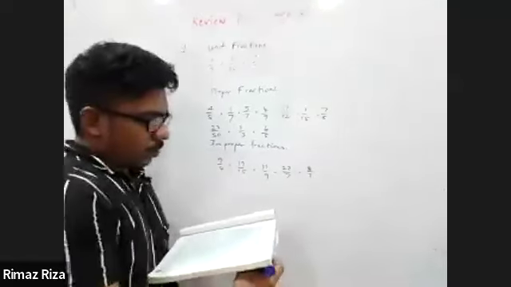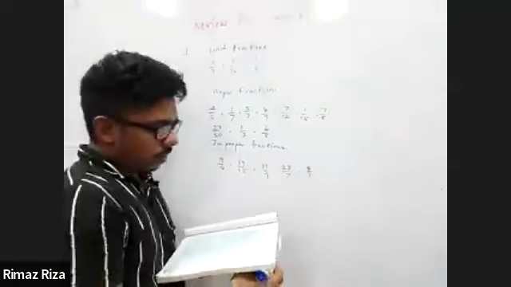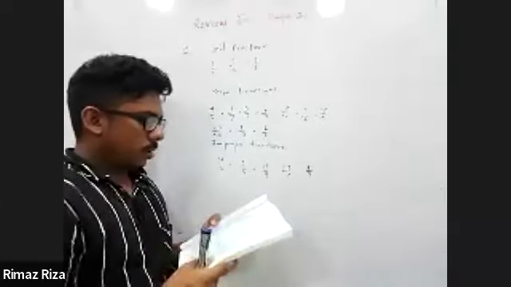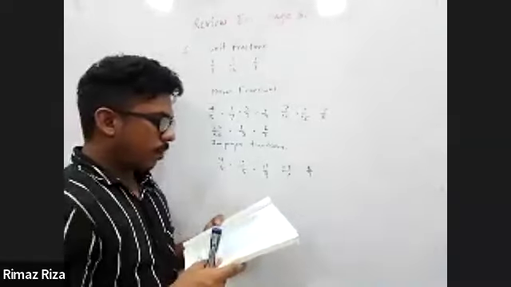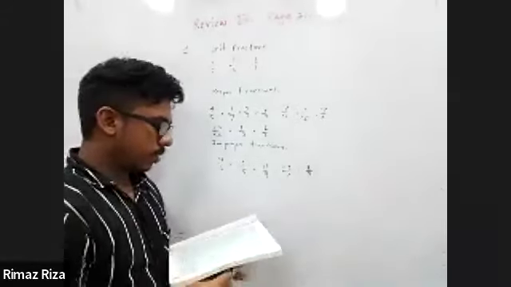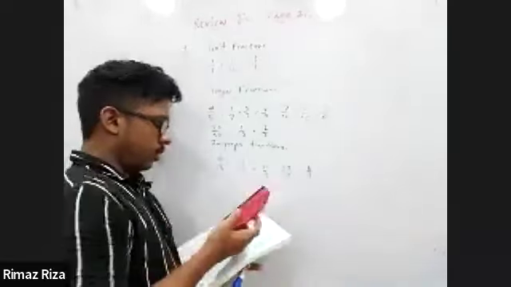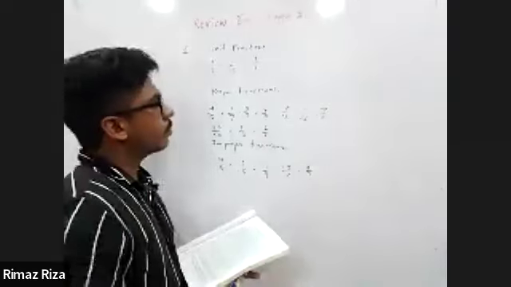Okay. So, the second question, you have a table. You have to write the improper fraction for the given mixed numbers, and then mixed numbers for the given improper fractions. Okay.